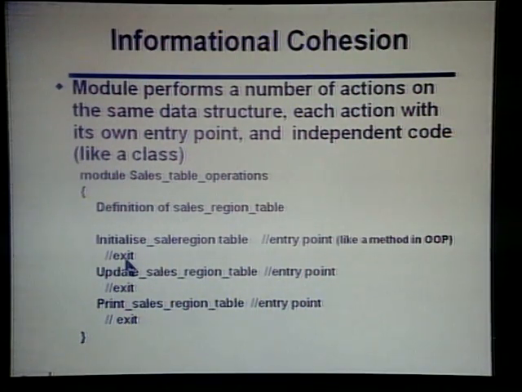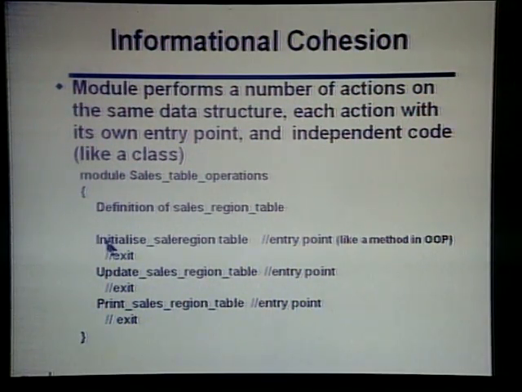Whenever a calling module wants to perform one of the tasks from this module, it makes a call to a specific function in this module. That call is of course made by using the name of the entry point. In the case of a class, it might be the name of a method.